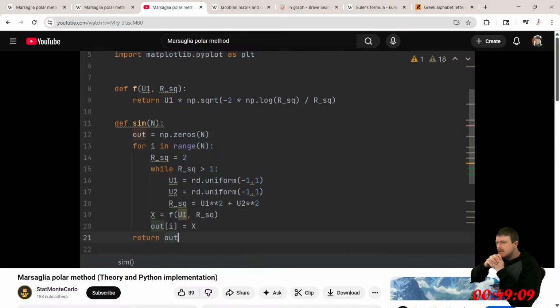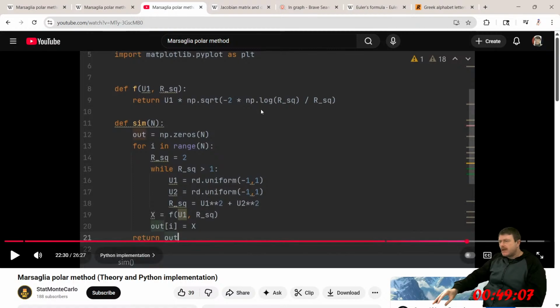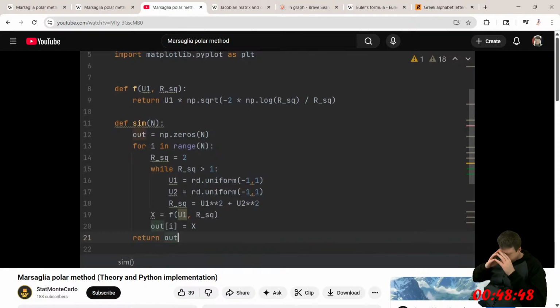So they're saying that basically -2 times ln r squared over r squared is equivalent to a squared plus b squared. Because what are they saying?